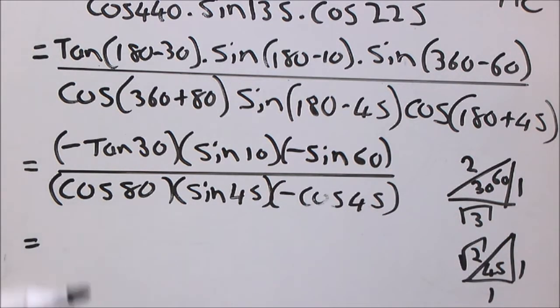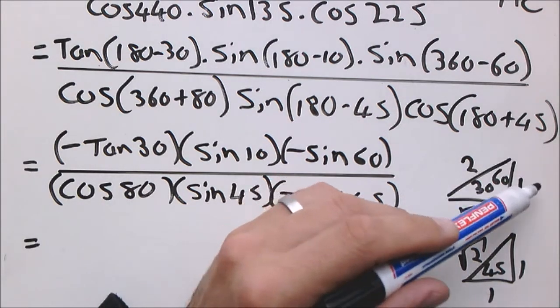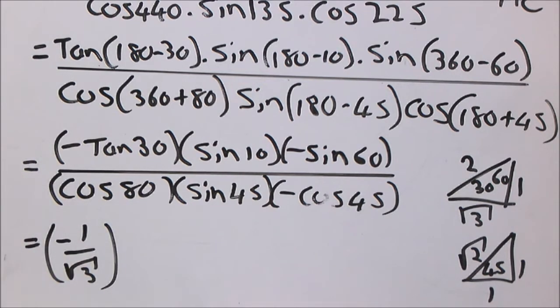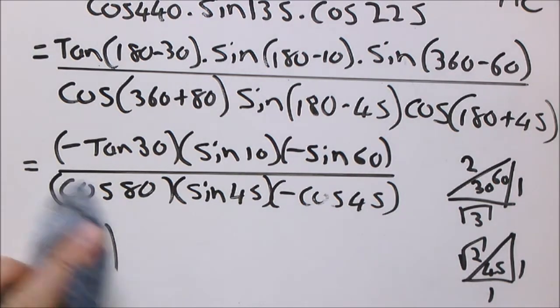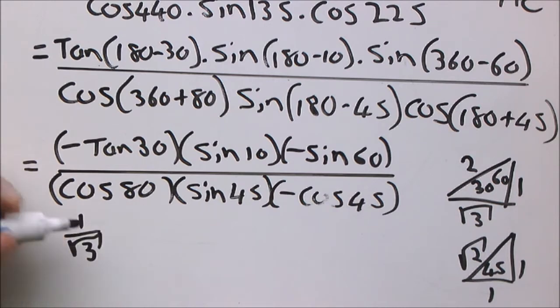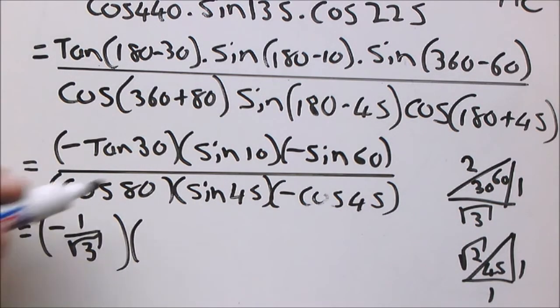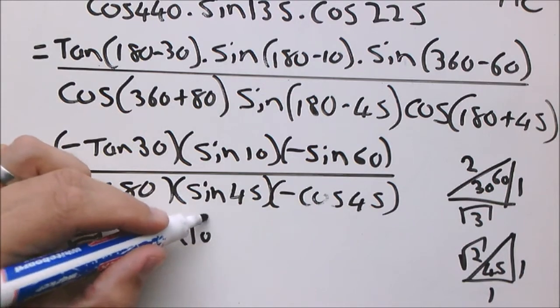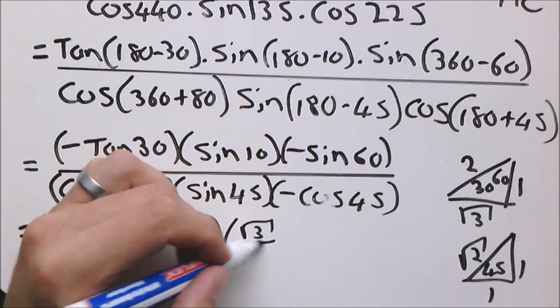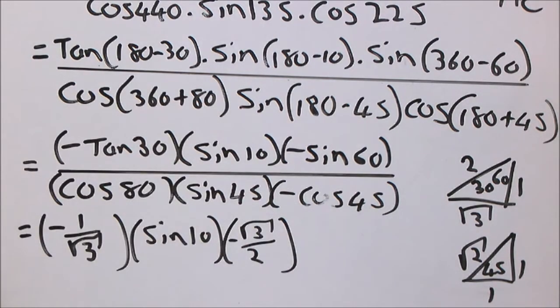So tan 30 is 1 over square root of 3, so it's minus 1 over square root of 3. Sine 10 we're going to leave as sine 10. Sine 60 is square root of 3 over 2, and it's negative because of the negative over there.